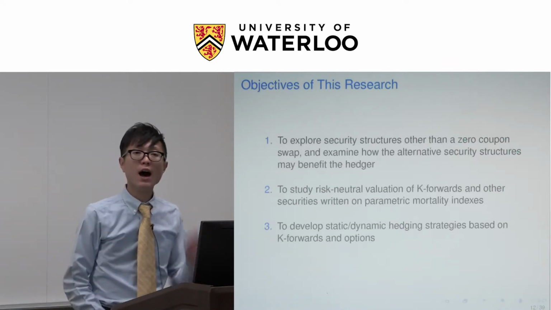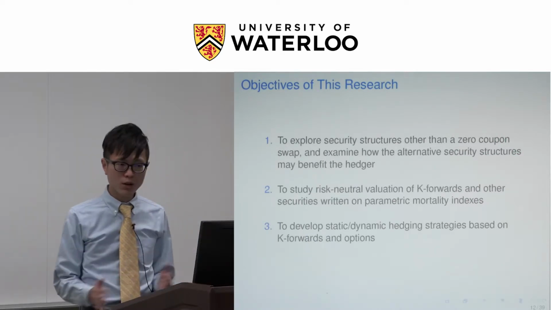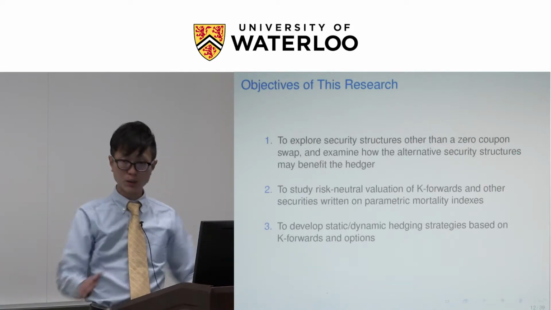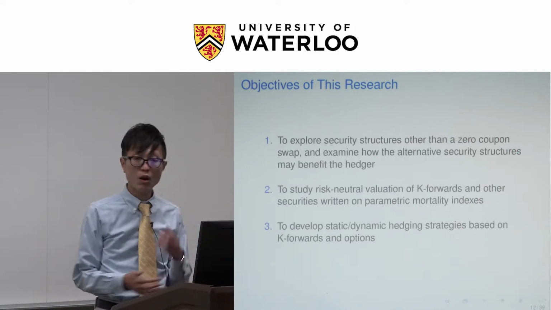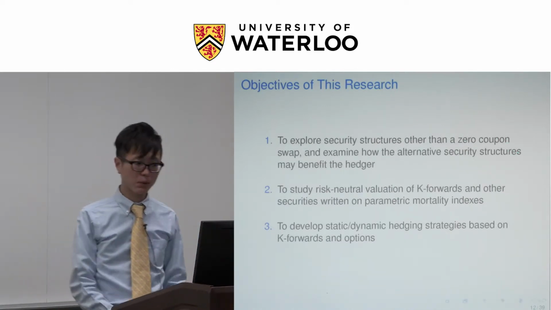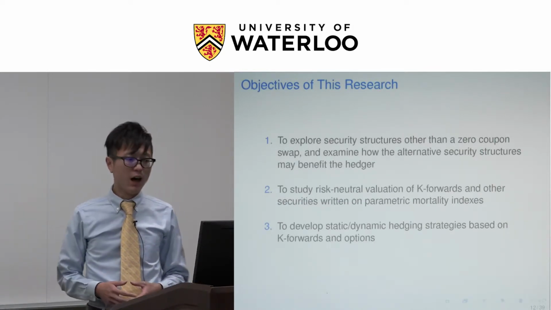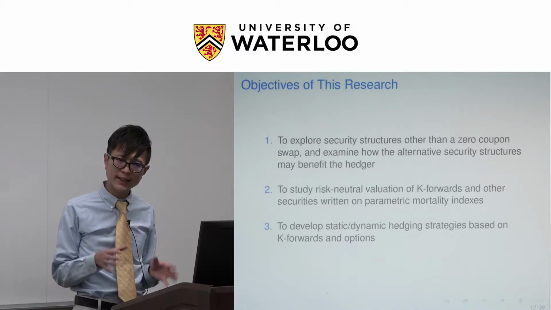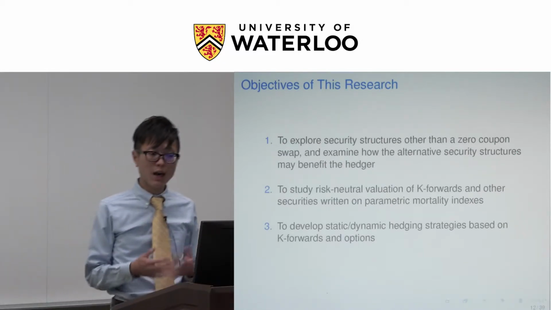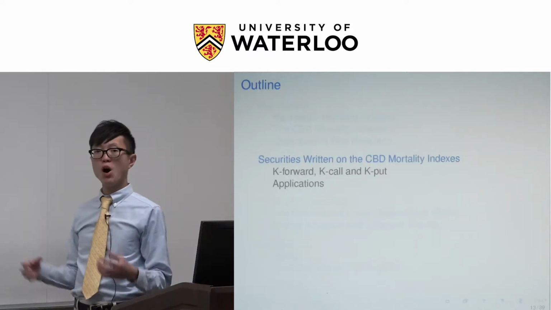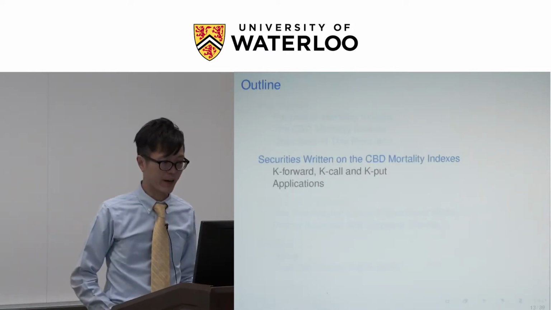Number two, I'm going to study risk-neutral valuation of K-forwards and other securities, including K-calls and K-puts, written on parametric mortality indices. And finally, number three, I'm going to develop some static and dynamic hedging strategies based on K-forwards and K-options. So let's talk about the securities now.